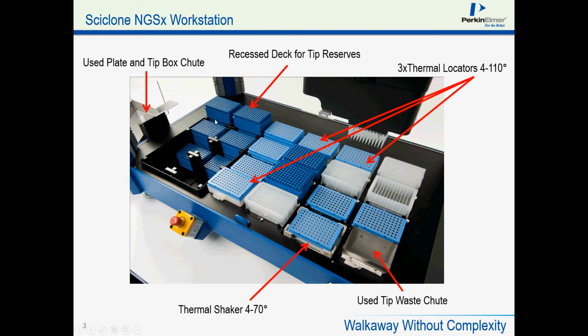When a plate or a reagent plate is done, instead of wasting valuable deck space, we have this on the left-hand side, where it says used plate and tip box chute. Once the plate is complete, the robot has the ability to pick up that microplate or tip box and throw it out. Once that plate is gone, it is replaced either with a new tip box or with a new microplate.